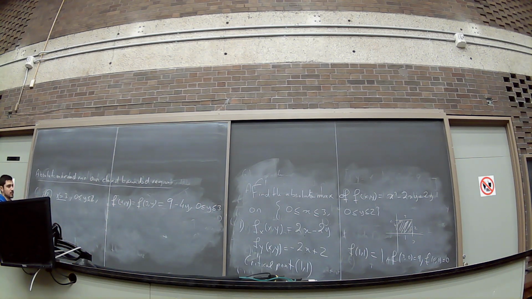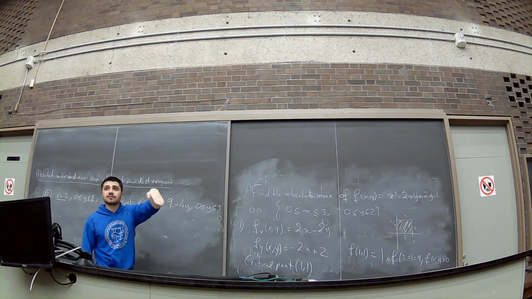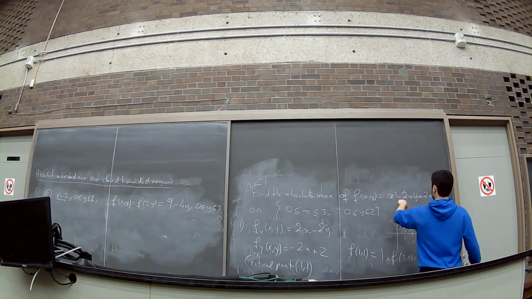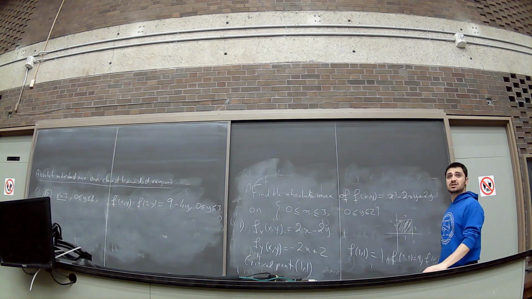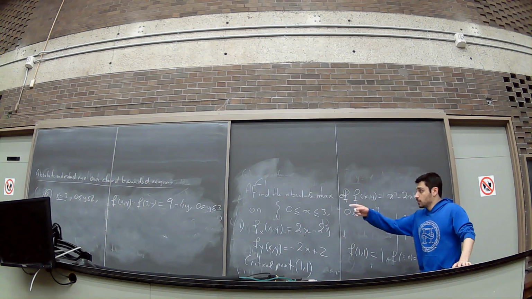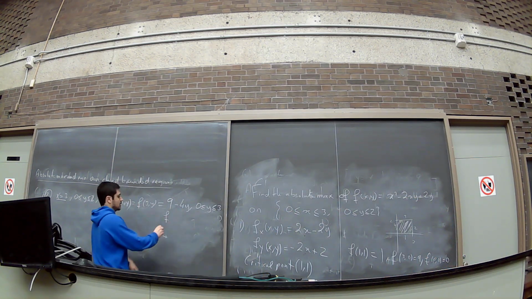What is the maximum of this function and what is the minimum of this function on 0, 2? You have a function of y here, right? So this is a decreasing function of y. 9 minus 4y. So when y is equal to 0, the maximum is f(3,0).